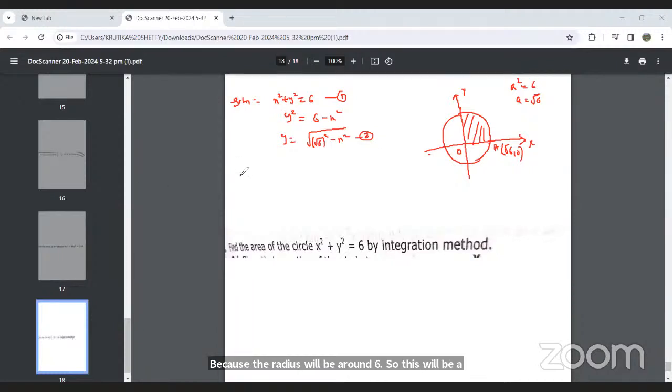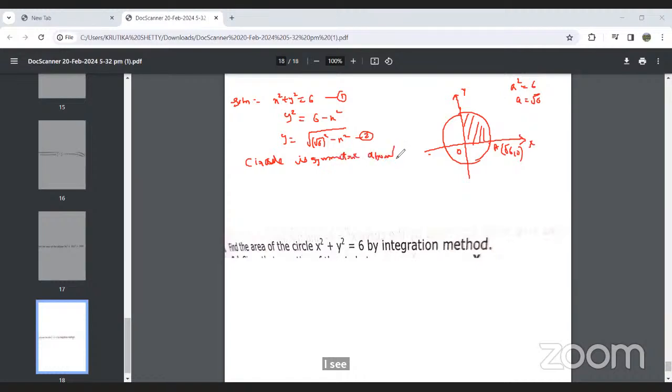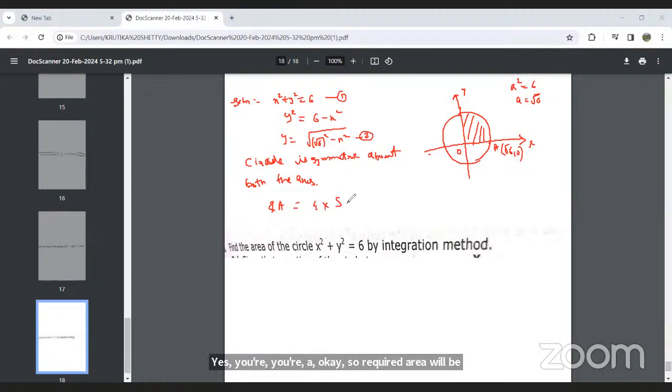Again, see from the figure we can say the circle is symmetric about both the axes. Yes, it is symmetric about both the axes. So the required area will be the same, 4 times the shaded area.